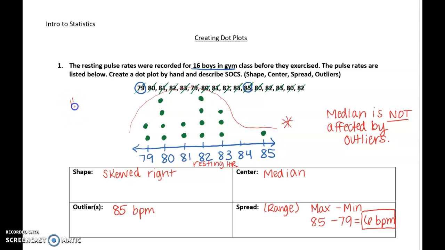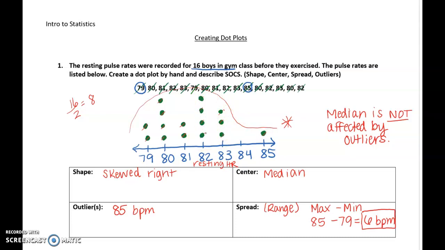If you have 16 values and you divide that by 2, which is 8, then you can count from 8 on either side. So 1, 2, 3, 4, 5, 6, 7, 8, and 1, 2, 3, 4, 5, 6, 7, 8.